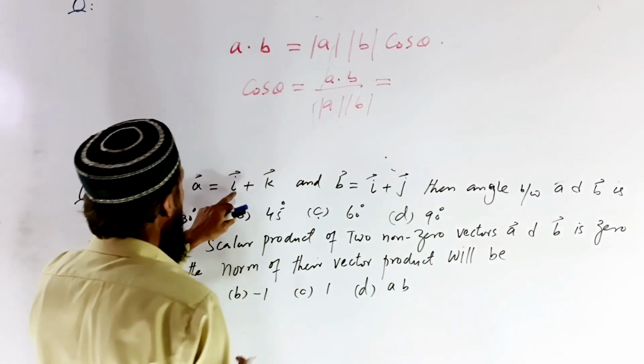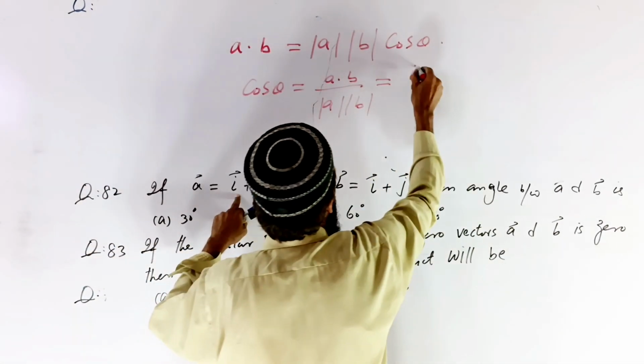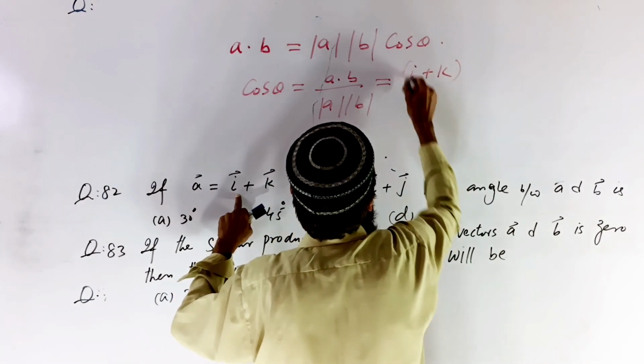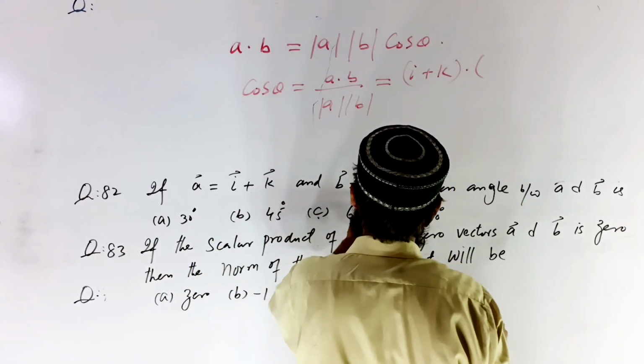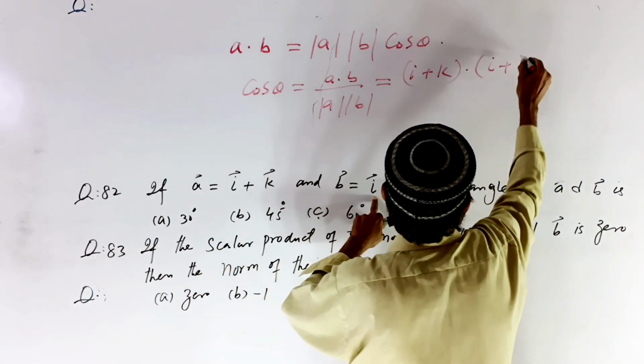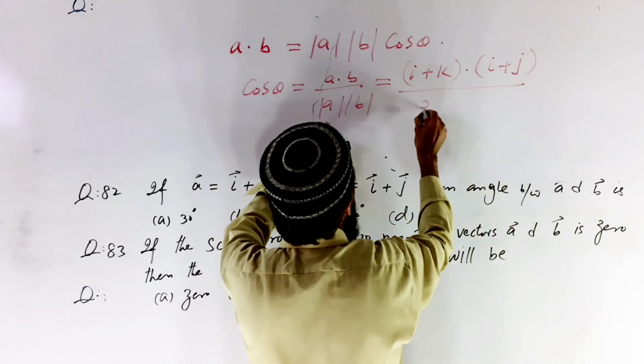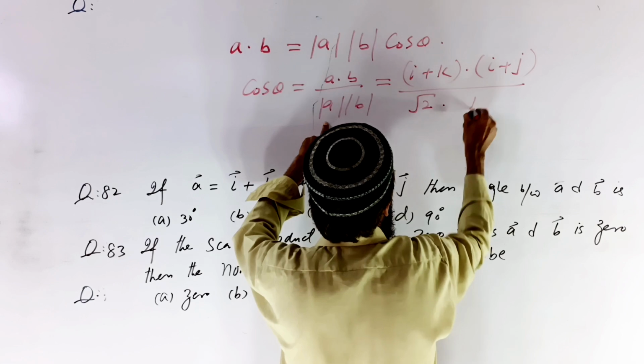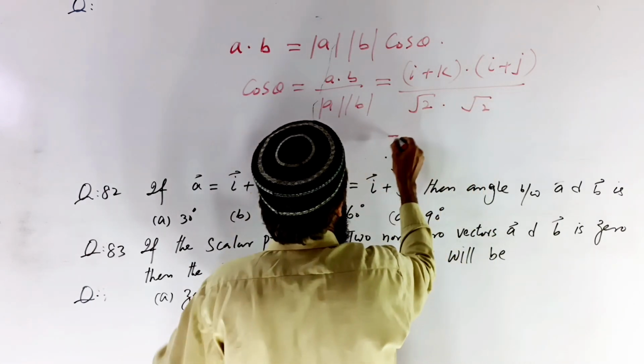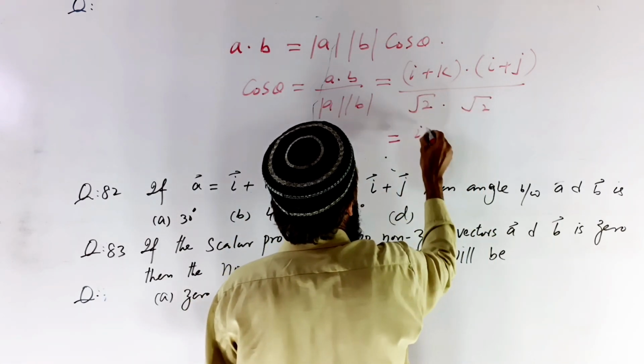A is i plus k and B is j plus i, and their magnitudes are root 2 and root 2.